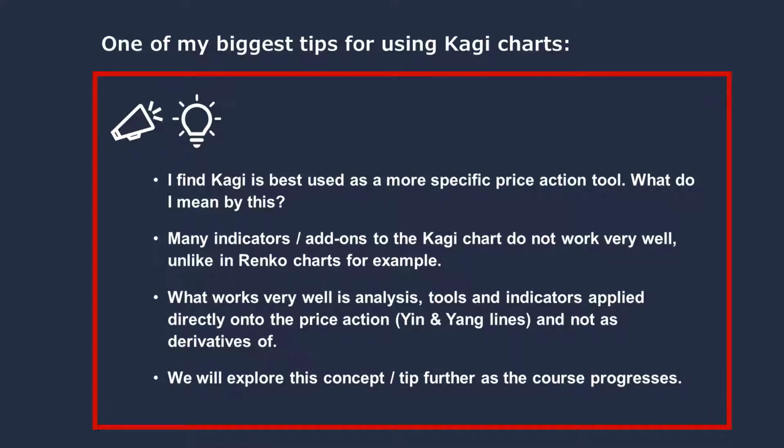But what works well is the more specific price action tools, indicators and analysis that work directly on top of the Kagi Yin and Yang lines and not derivatives of them. And like I said, we're going to explore more of that within the next section and the following section 3, where we look at adding further Western indicator analysis onto these Kagi charts.